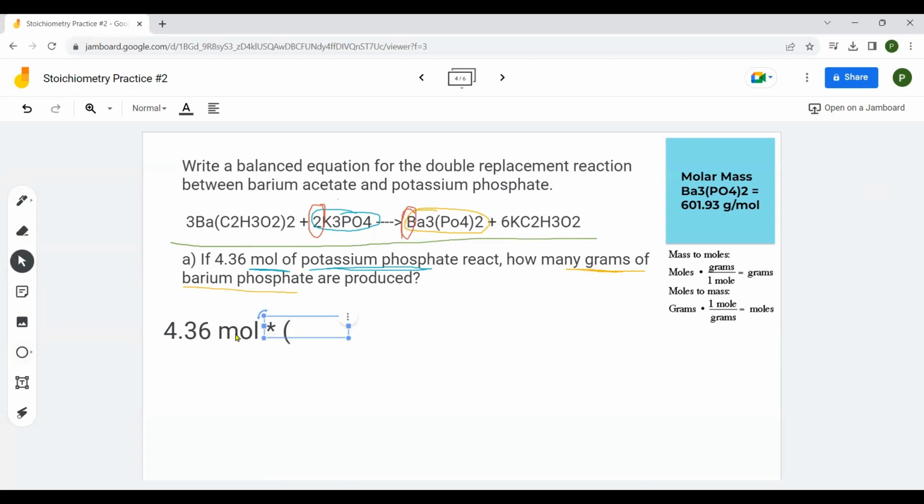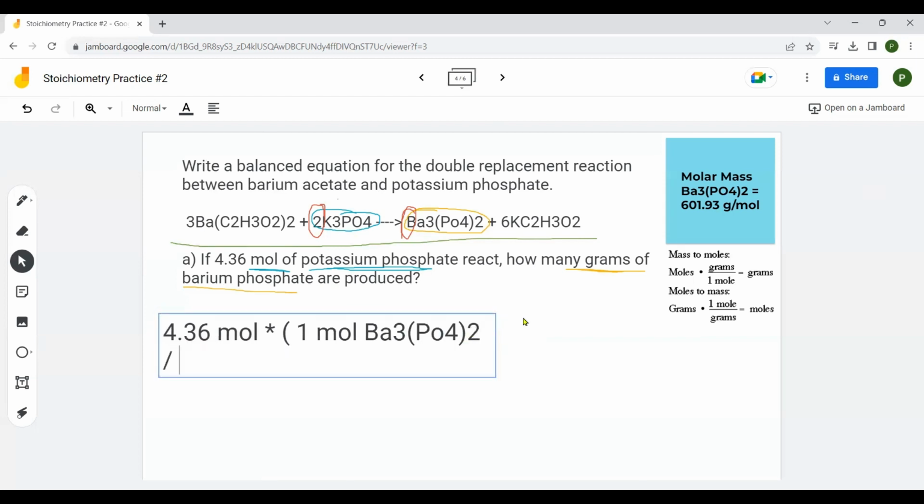So I'm going to go ahead and plug that in. So I have 1 mole of barium phosphate, Ba3(PO4)2. So that's our unknown.